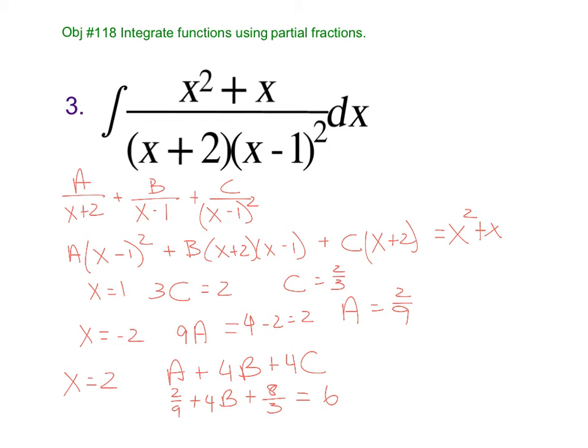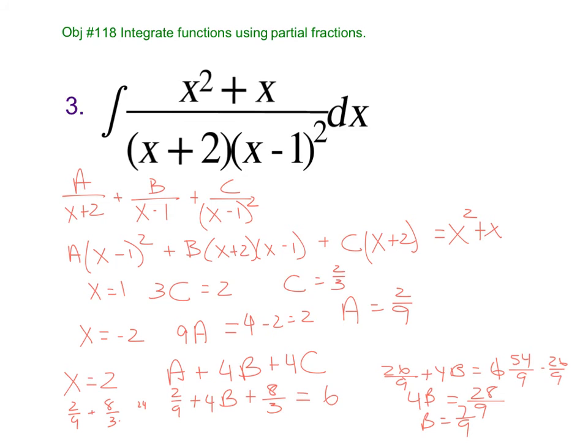All right. So 2 over 9 plus 8 over 3, 24, 26. So we get 26 over 9 plus 4b equals 6. So that's 54 over 9 minus 26 over 9 is 28 over 9 equals 4b. So b is 7 over 9.